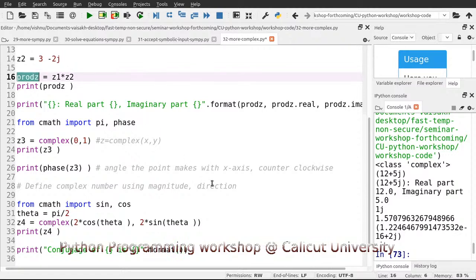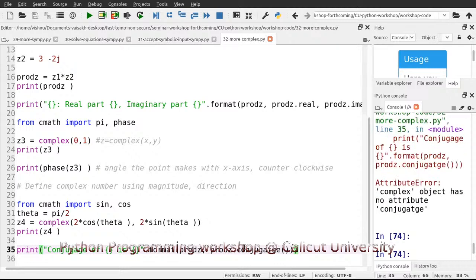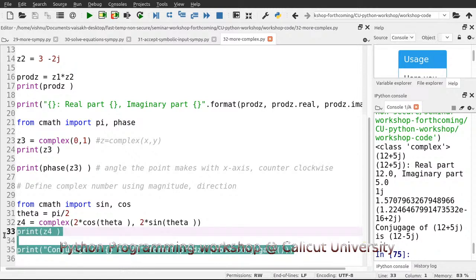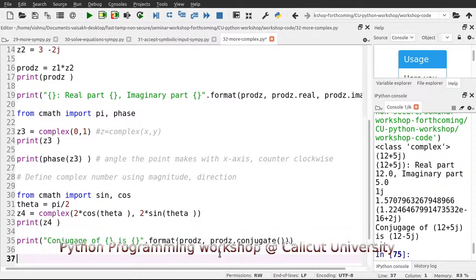So let us take the conjugate of this. That spelling is wrong, sorry. So the conjugate of 12 plus 5j is 12 minus 5j. And the absolute value or norm can be found using the product.